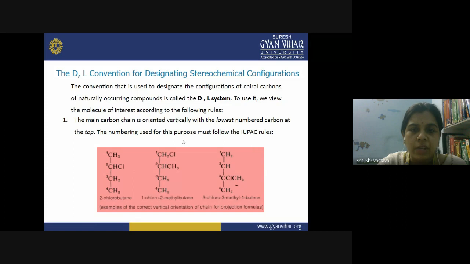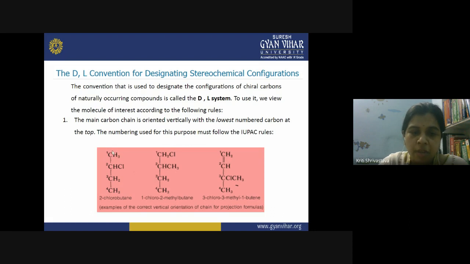And what are the IUPAC rules for numbering the carbon chain? We know that a substituent should be given priority, right? If you remember, the carboxylic acid should be given the highest priority, followed by the carbonyl group. So whenever they are present in an organic compound, you will start the numbering from these groups. If the COOH group is present here, then you will give the first number to the carbon of the carboxylic acid.